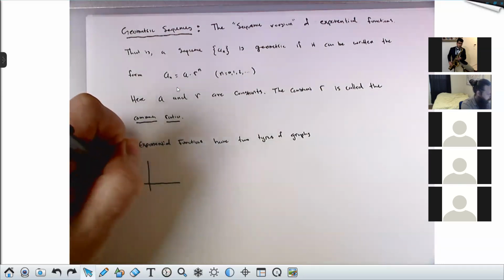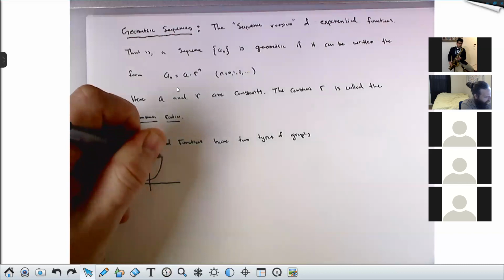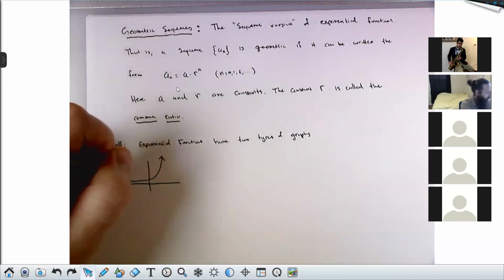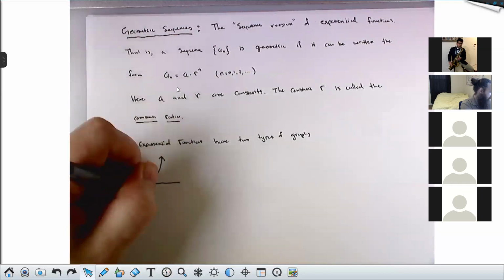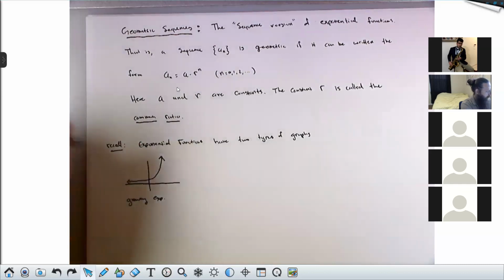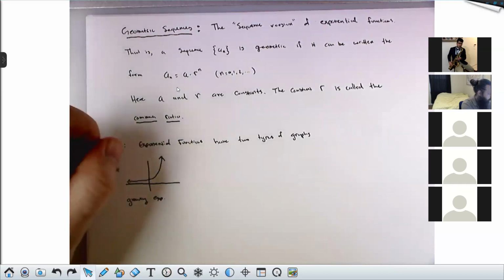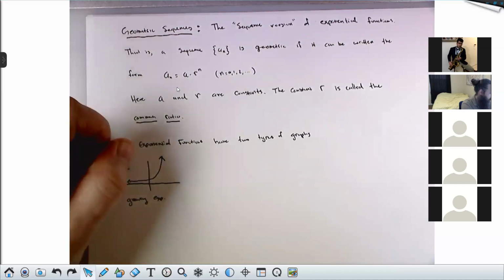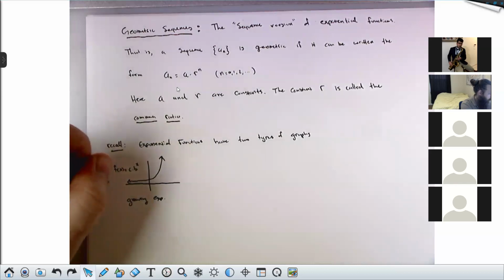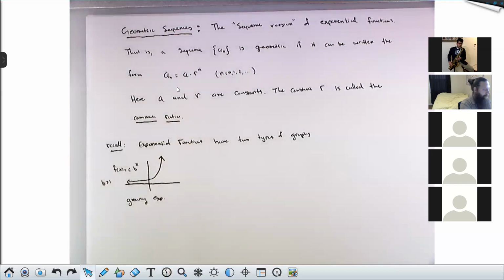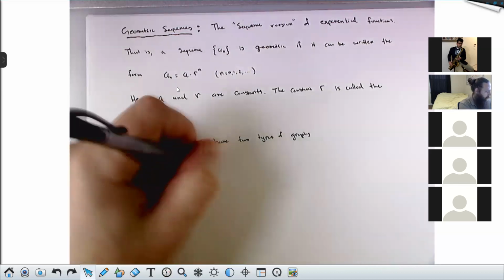The ones that we're most familiar with, like e to the x, have a graph that looks like this. This is a growing exponential. This is the graph like f of x equals c times b to the x, where b is bigger than 1. So if the base is bigger than 1, you've got a growing exponential.